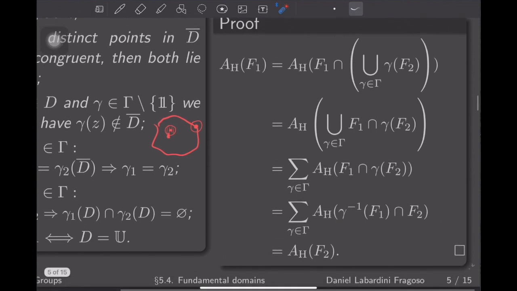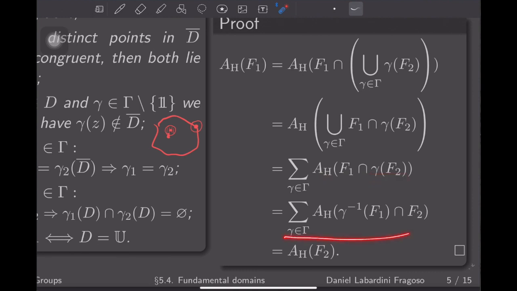And then the point is that from here, from this of F1, I could say that the area of F1 could be written as this sum, where the sum is over all elements of the group, of the area of F1 intersection the translate of F2, right?